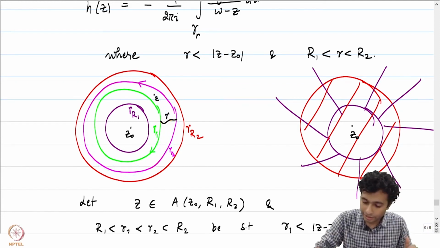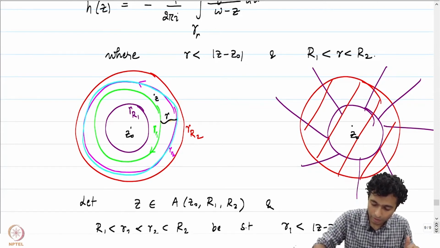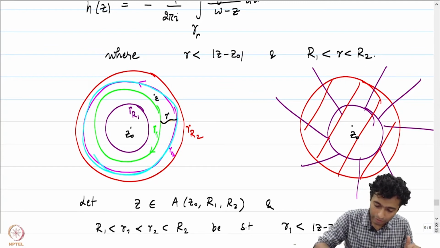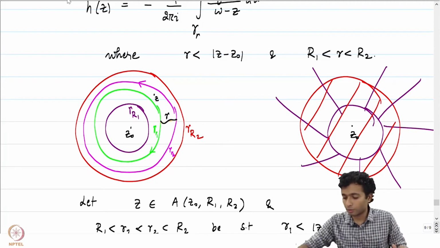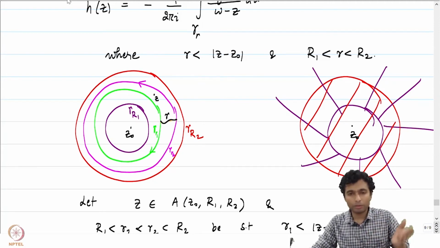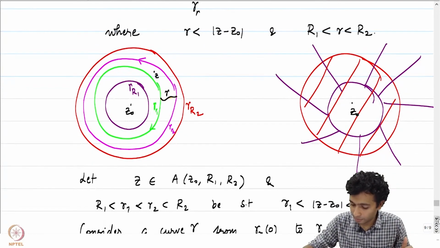And by stage 1 you go along this curve and then come back along this curve. So this curve is going to be homotopic to gamma 2 plus the reversal of gamma 2, which is null homotopic.